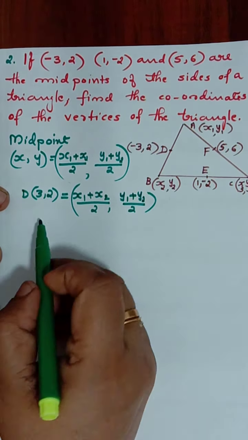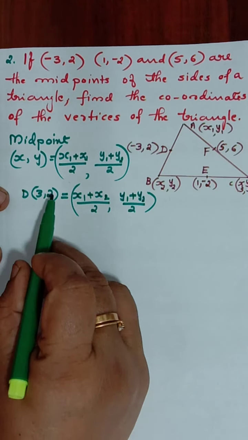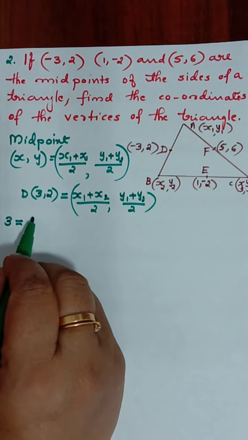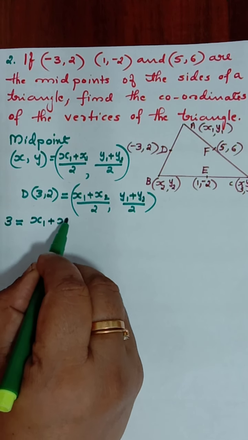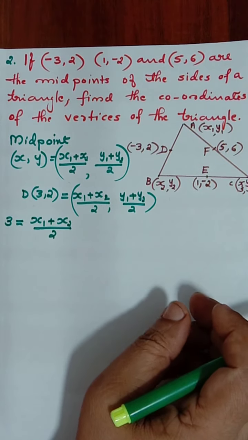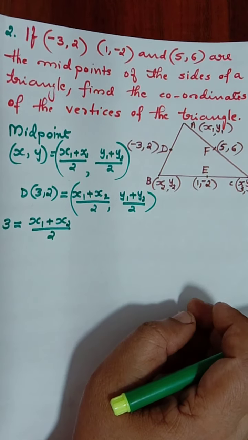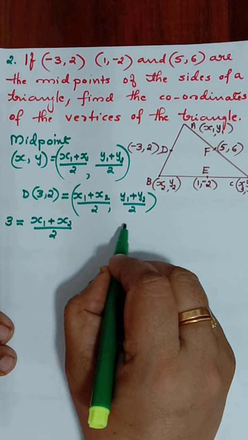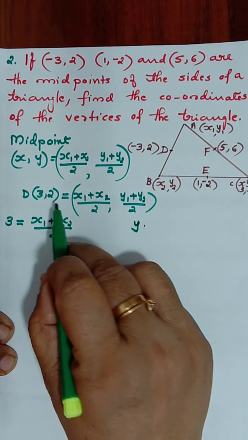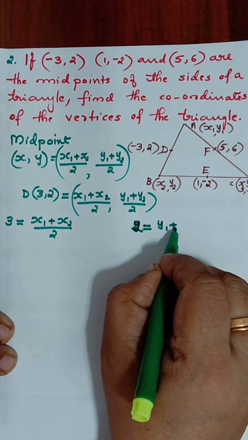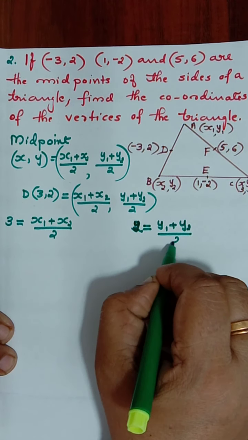From this we can equate the x coordinate as well as the y coordinate. 3 is equal to (x1 plus x2) by 2, and similarly 2 is equal to (y1 plus y2) by 2.